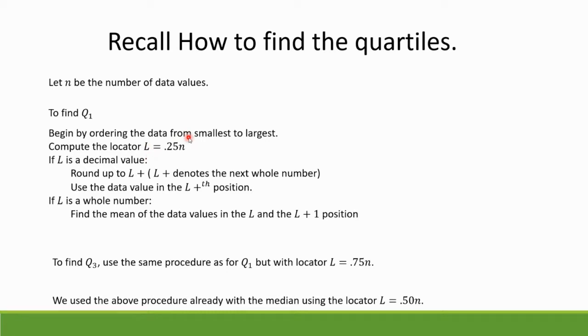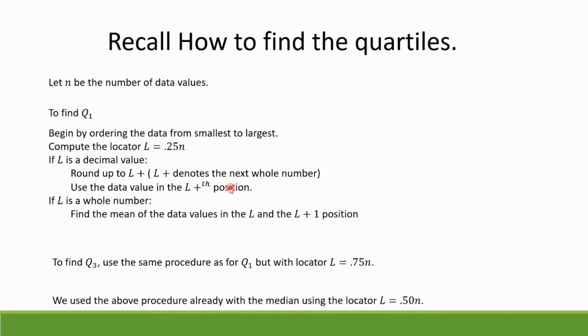Now, if that L here happens to be a decimal, like 1.2 or 2.5, you round up to the next whole number. So if you get, let's say, 12.1, you still round up to 13. That's what this notation is trying to tell you.